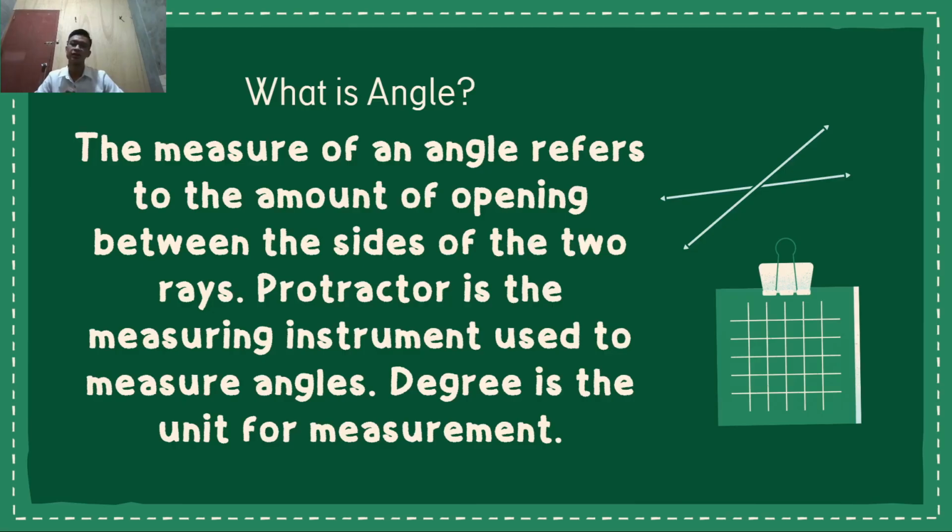Again, the thing that measures an angle is the protractor, and the unit for measurement is degree. As we move on, I'm going to discuss the degrees of different kinds of angles.